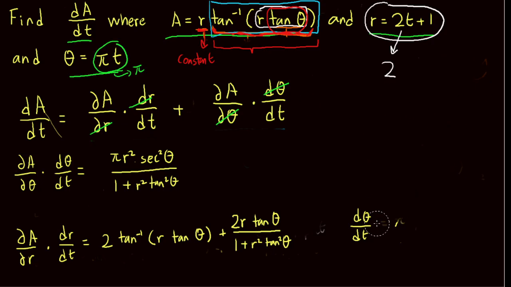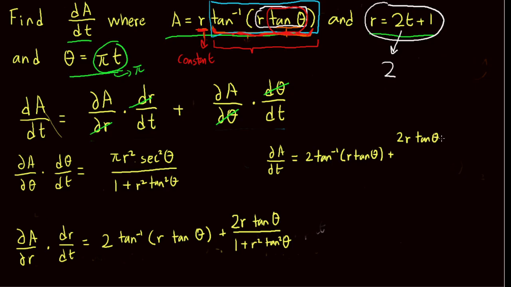So therefore your del A over del theta, the final answer would be 2 tan inverse r tan theta, you just add them up basically, it's really easy, plus 2 r tan theta plus pi r square sec square theta, over 1 plus r square tan square theta.